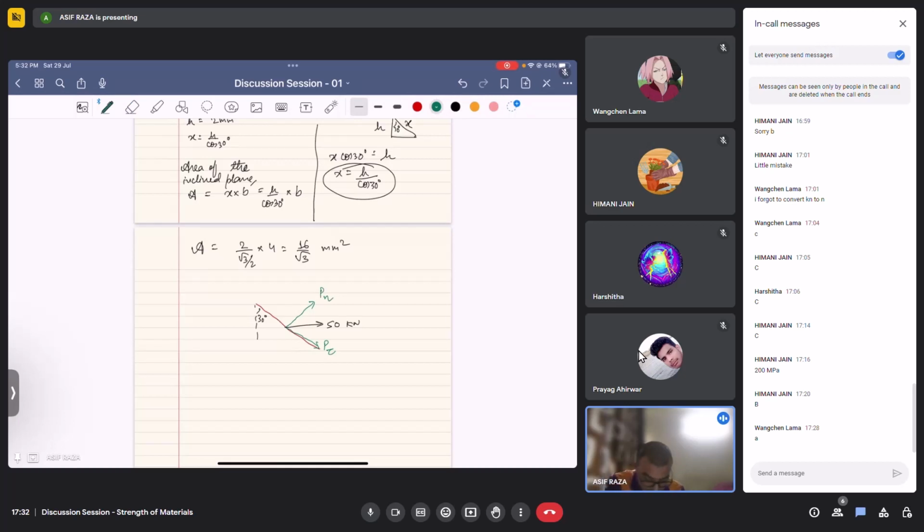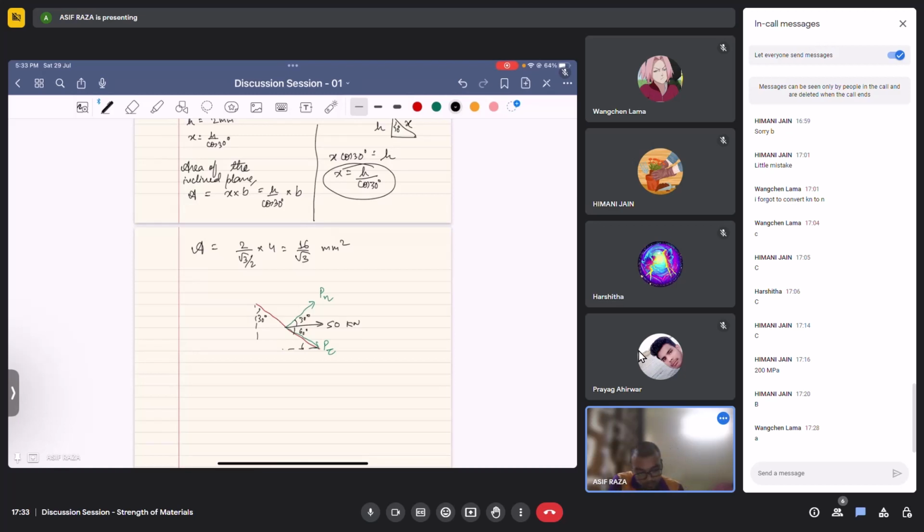So before that, let's find what is this angle. This is 90, this is 60, so this is 30.